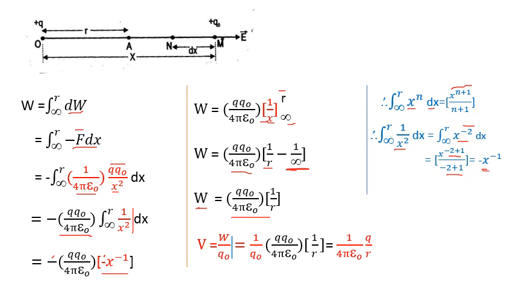So this 1 upon q0 is as it is, work done we just got, substitute here, then this q0 and this q0 will get cancelled, and we get the final form, 1 upon 4 pi epsilon 0 q upon r. This is the electric potential.